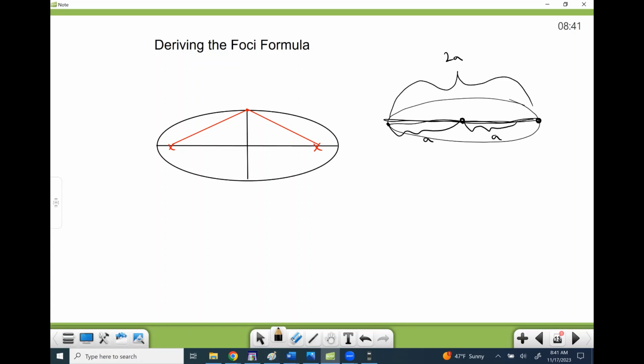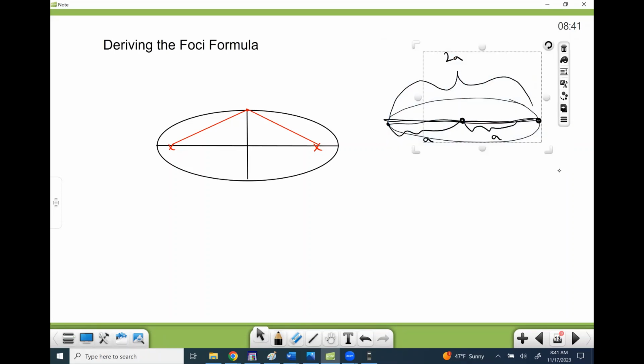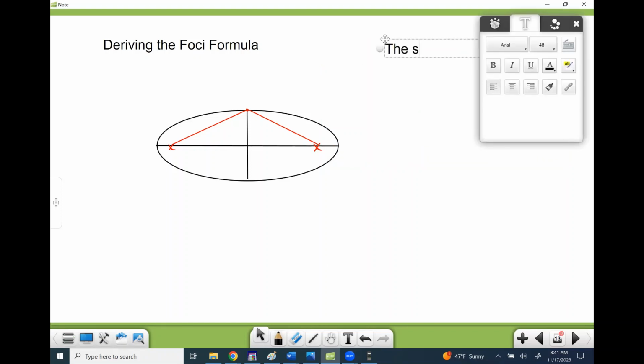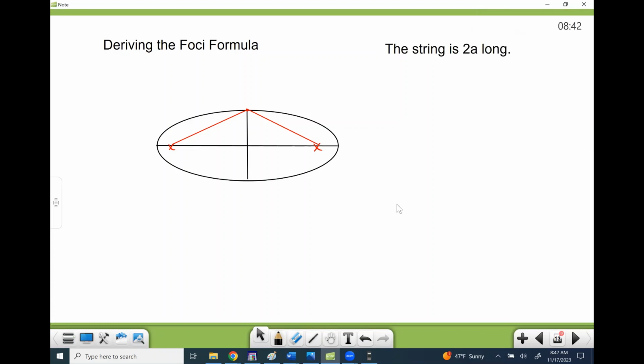I'm going to erase that terrible picture because it's not drawn very well. But I am going to write down what we found out from it, which is that the string is 2A long. Okay.